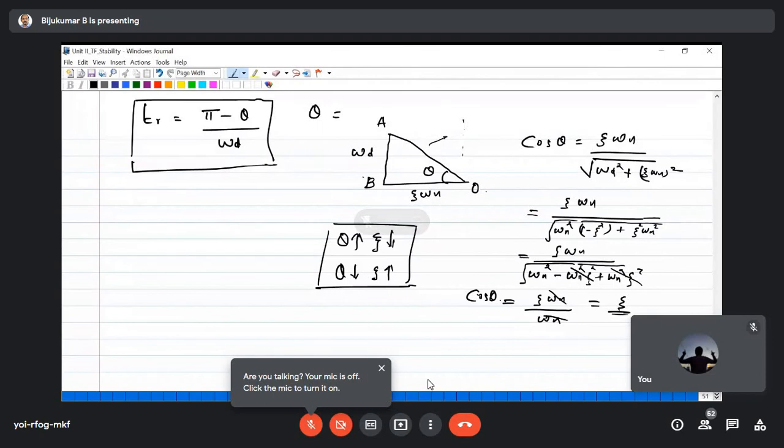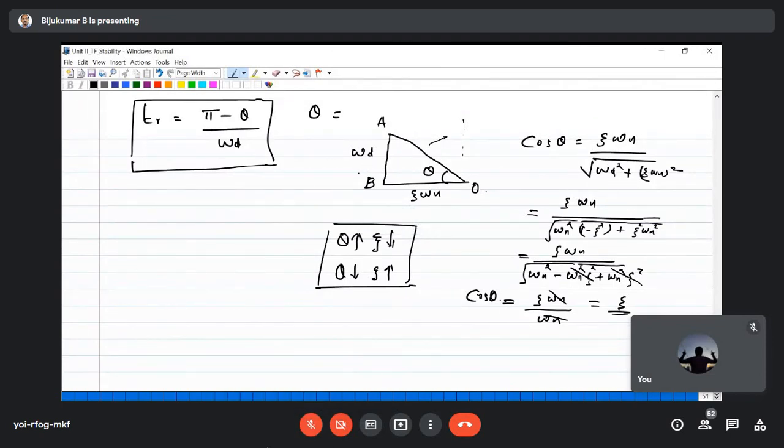Now we'll move to another time. So from this you can find sine theta also. Sine theta is, so this is omega n, right? So sine theta can be written as omega n into root of 1 minus zeta square divided by hypotenuse, that is omega n.